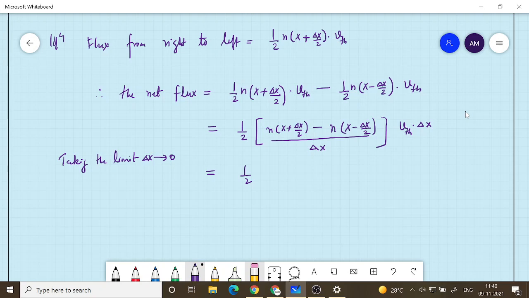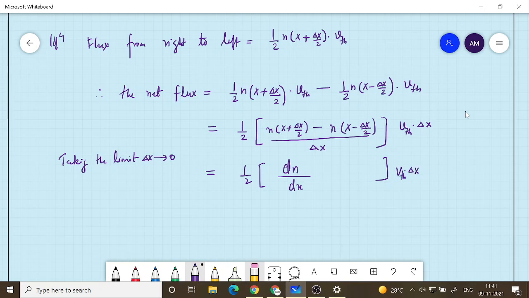So this is going to be equal to, so this is a constant, and what is in the bracket when you take delta x goes to 0, this will become dn by dx. Okay, and then there is Vth into delta x.